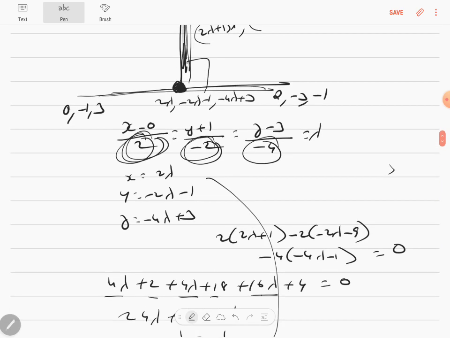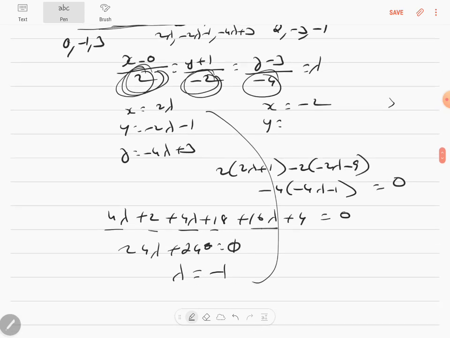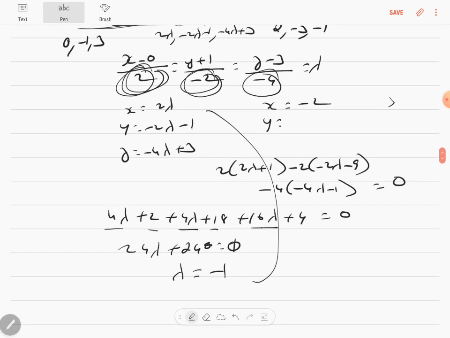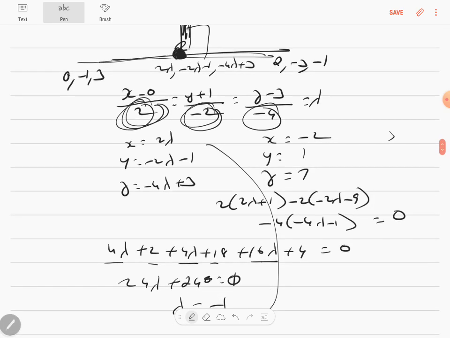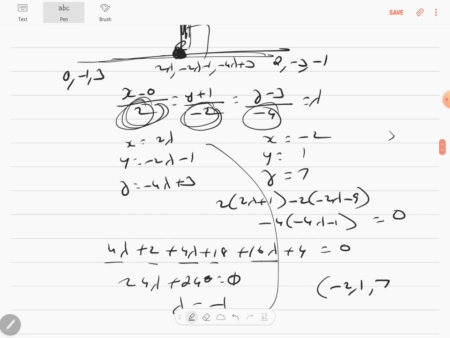Substitute it back here. You get x = -2, y = -2(-1) - 1, so 2 minus 1, which is 1. z = 4 + 3, which is 7. Therefore, the foot of the perpendicular is (-2, 1, 7).